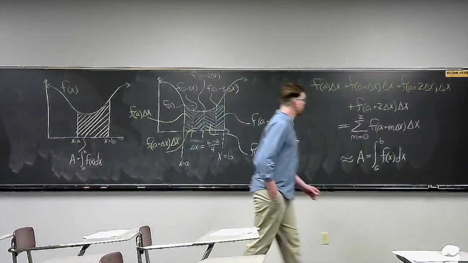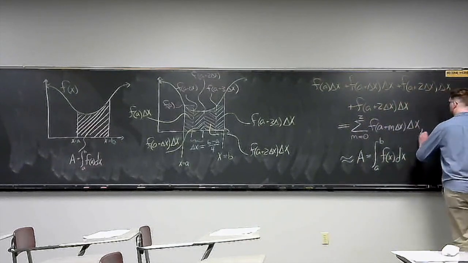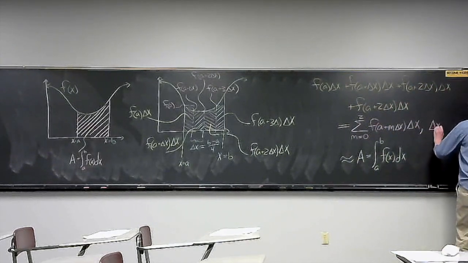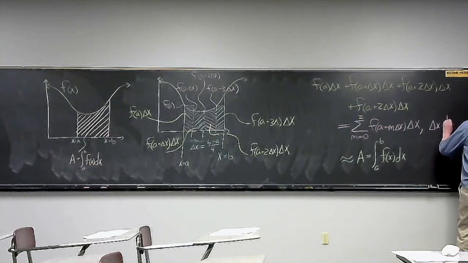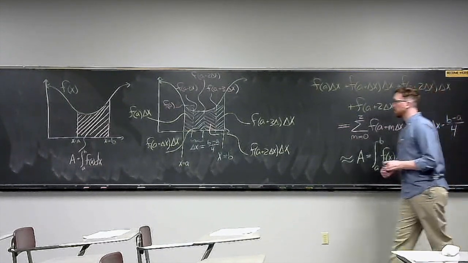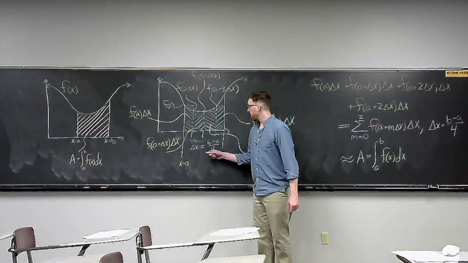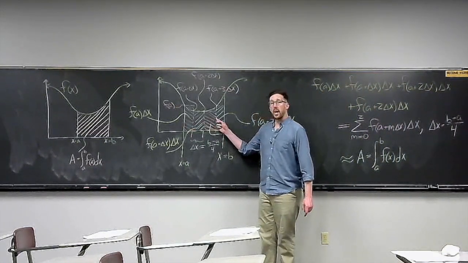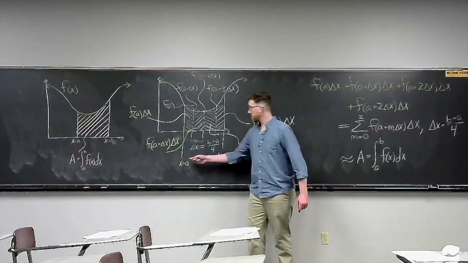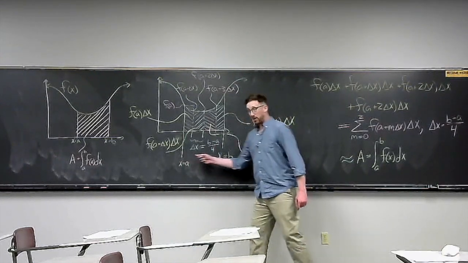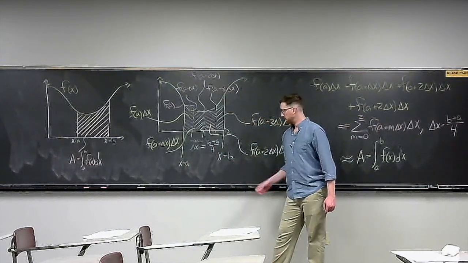Now I should remind you, delta x, in our case, we said is equal to b minus a divided by 4. Notice, we got the 4 because that's how many rectangles we have. B minus a because we're starting at a and going over to x equal to b.